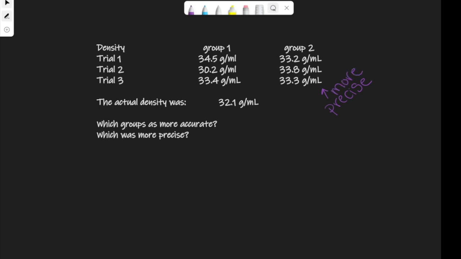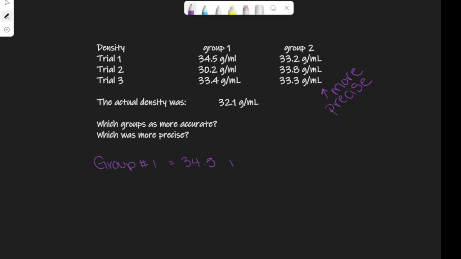Now let's figure out which of our groups is more accurate. We do have our actual density, and we're going to figure out which group is more accurate based off the average of each group. So let's figure out what our average is for each group. Group number 1, 34.5.